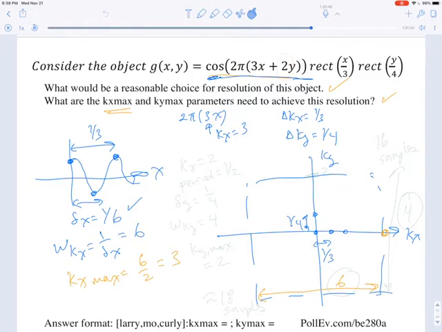And similarly for the y direction, ky equals 2. So the period is 1/2. So we probably want to make delta y equal half of that, so 1/4.